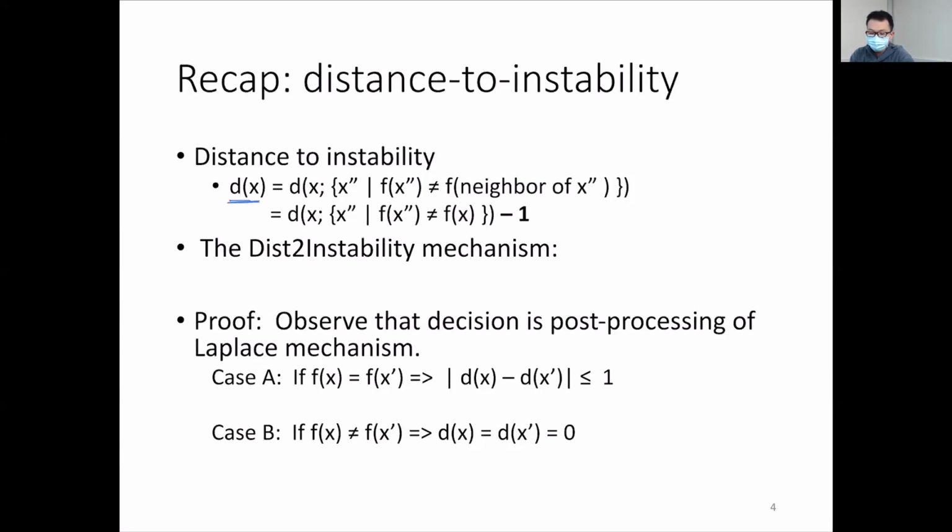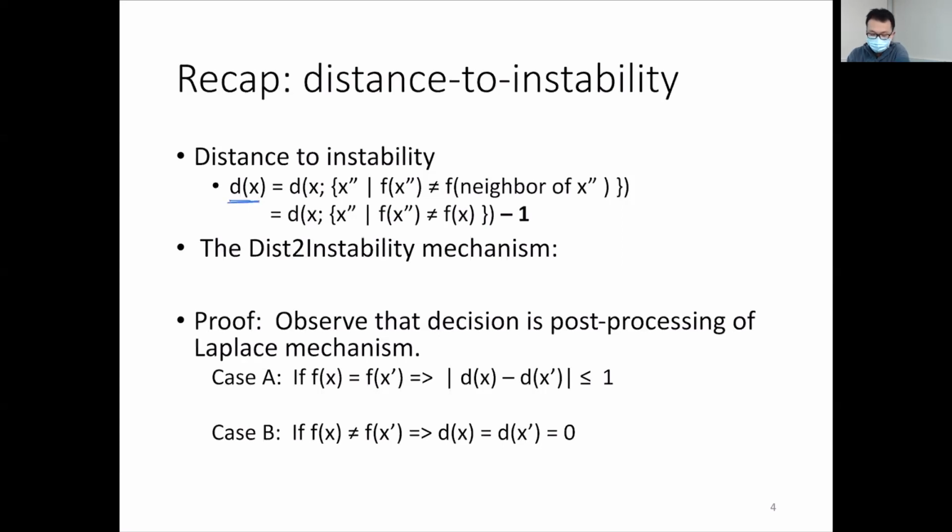So one says that this is the distance of x to, and this distance is measured in terms of adding or removing individuals. Now in the replace-one neighboring relationship, these are Hamming distance, but in the standard definition of differential privacy with add and remove individuals, this is L1 distance in the histogram representation of the data set, right?